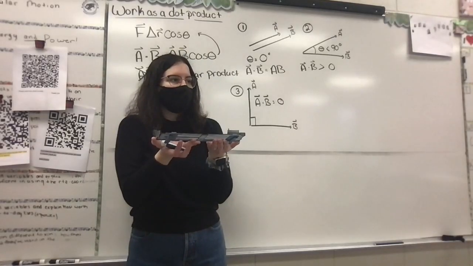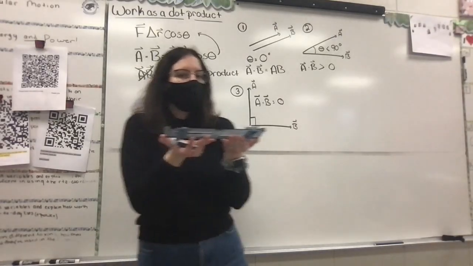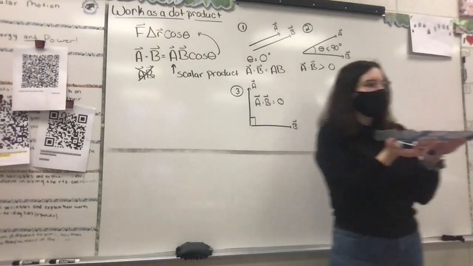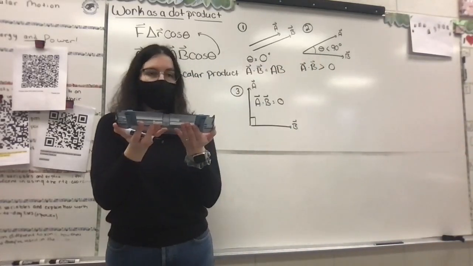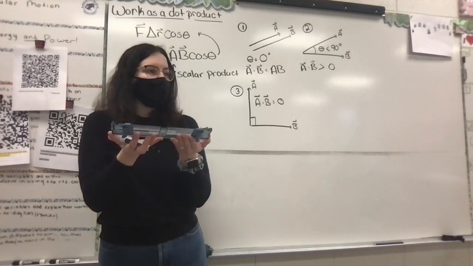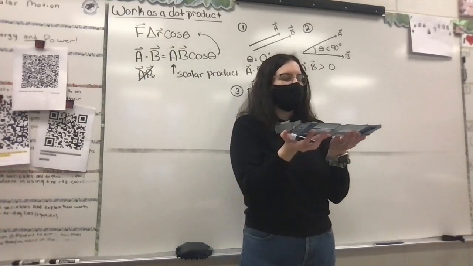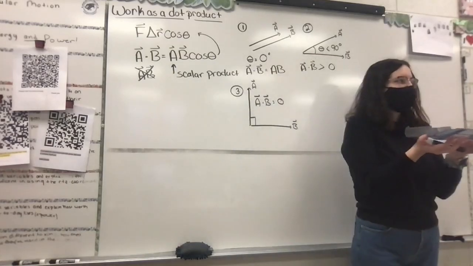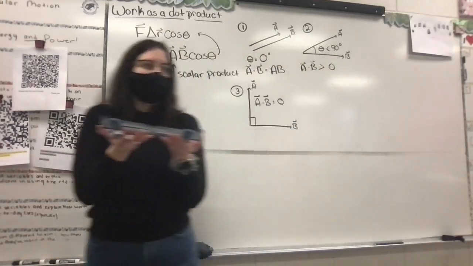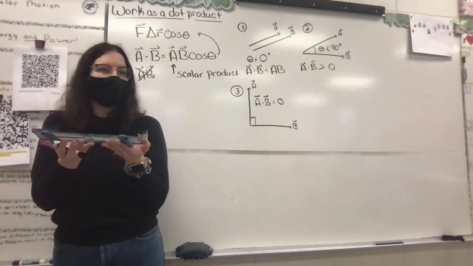I was holding it, right? And I said, okay, am I doing work on this? No, I'm not, because I'm moving. What way am I pushing up on this right now? Up. But what way am I moving? To the side. So my force is perpendicular to the movement.